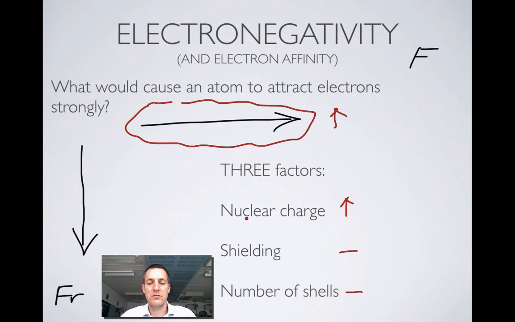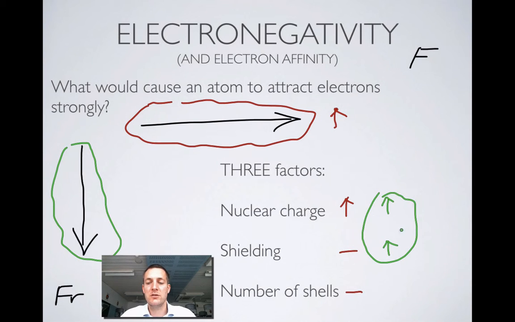What's happening to these three factors as we go down a group in the periodic table from top to bottom? What's happening to the nuclear charge? Well, that's going up, as we've seen before. What's happening to shielding? Well, that's going up along with it, and it's going to cancel it out. These two things cancel, remember. If the number of inner shell electrons is increased by the same amount as the number of protons, then these two things cancel.